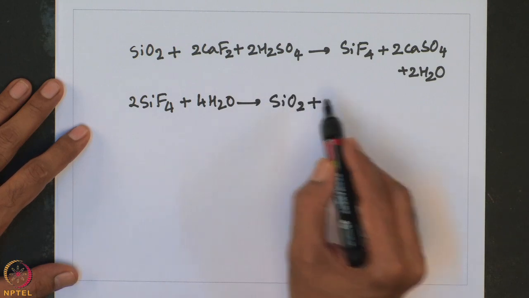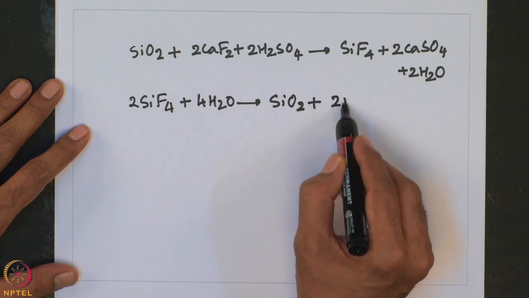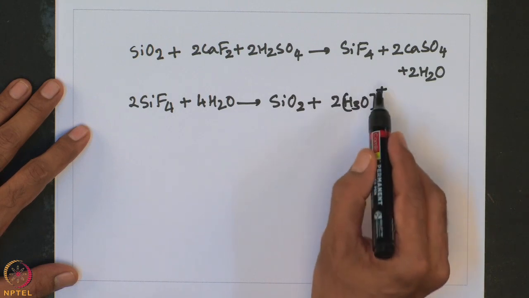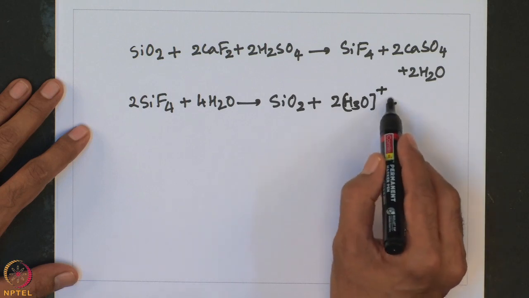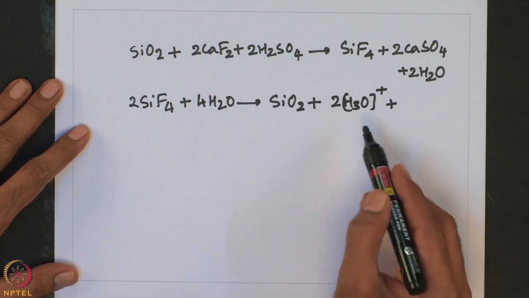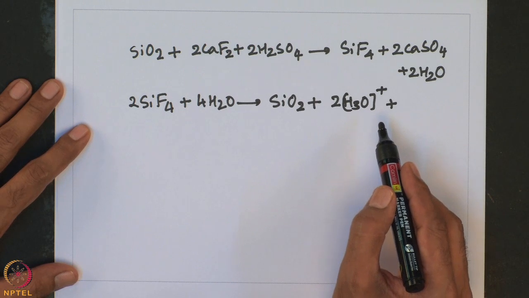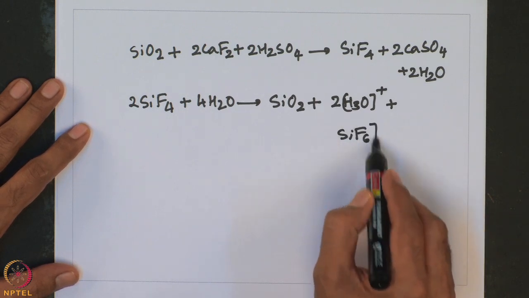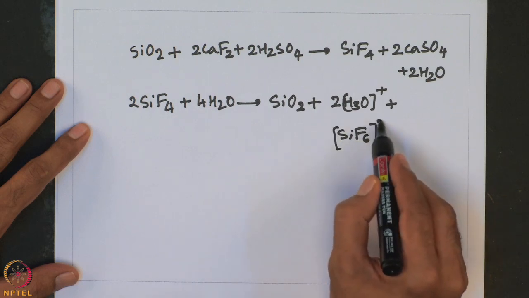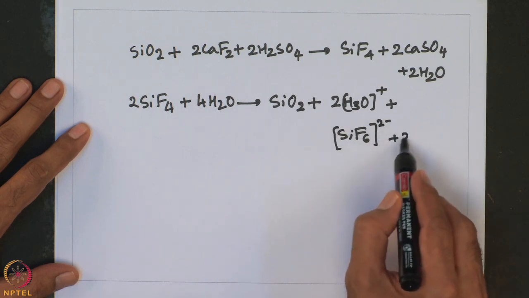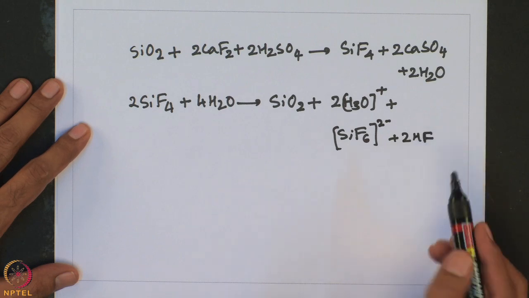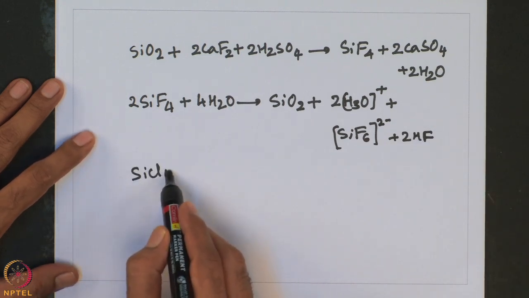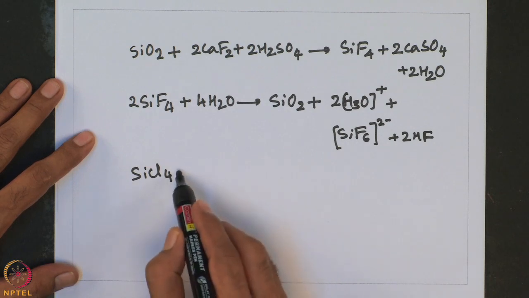Besides formation of SiO2, we also get hydronium ion plus hexafluorosilicate plus 2HF. But whereas in case of SiCl4, complete hydrolysis occurs.